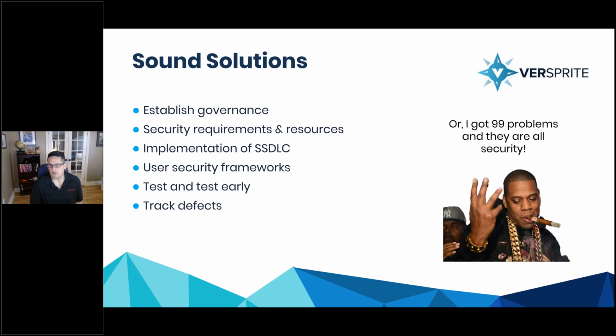Implementation of a secure software development lifecycle is very important. Today we're mostly in an agile world. We're doing a lot of story building and sprints as part of the different stories in our agile development processes. And it's important to make security simple.